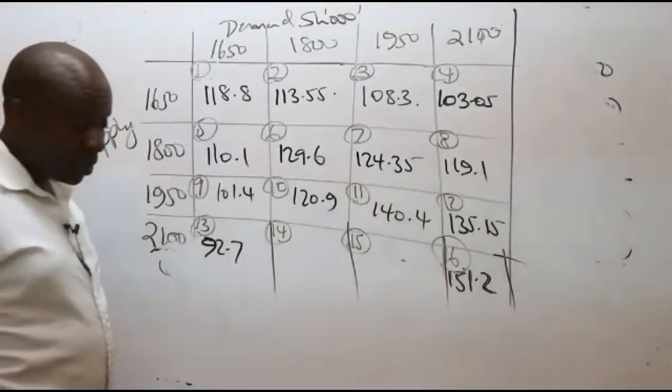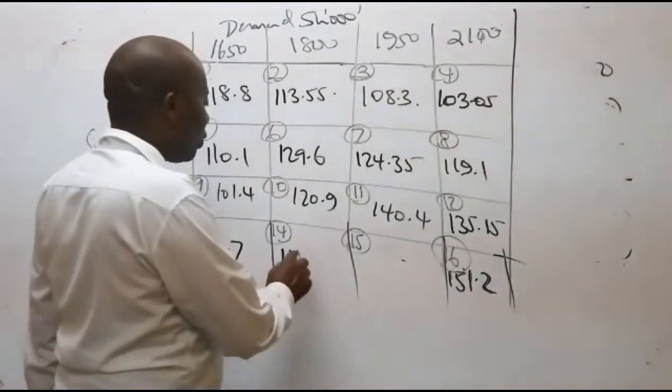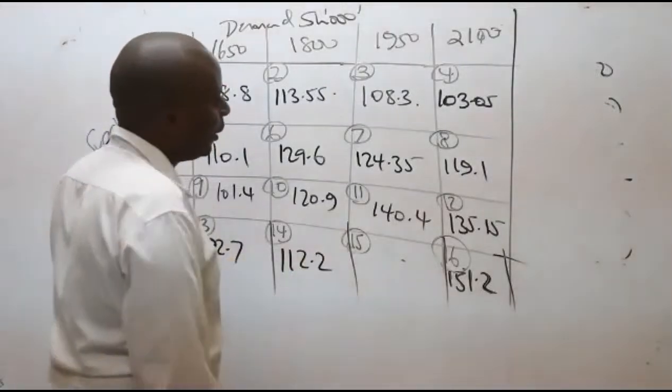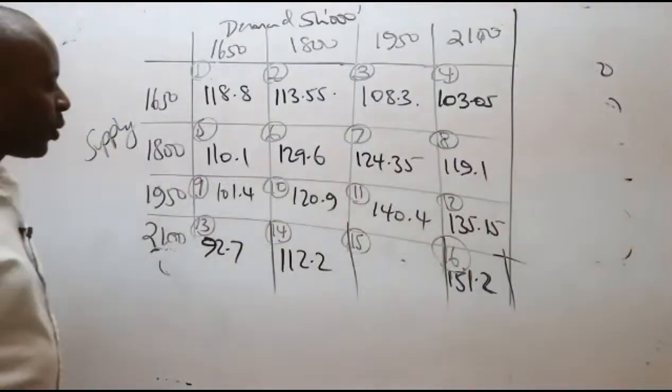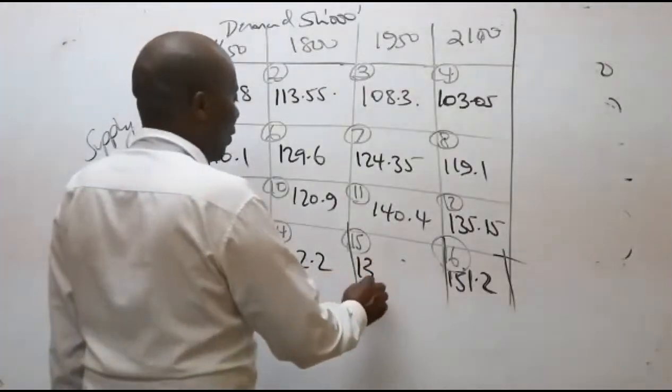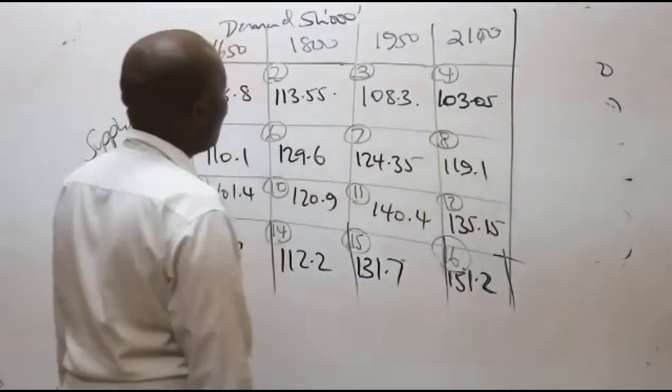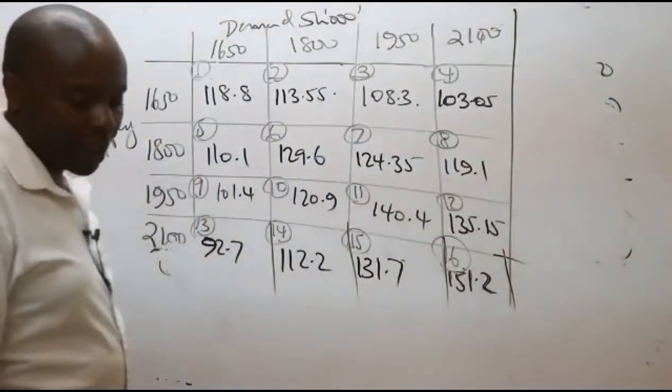Lokai gives me 112.2. The last one, cell number 15, 131.7.